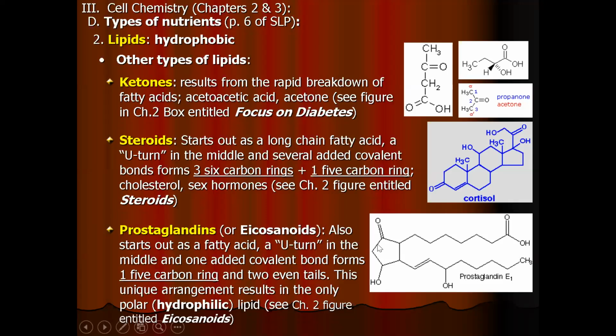And when it does a U-turn and forms one 5-member ring, now this thing has a north pole different from a south pole. Everybody see that? Because that pentagon is on one side. All of a sudden this becomes polar.